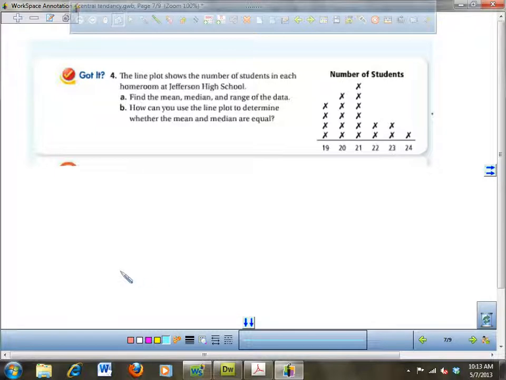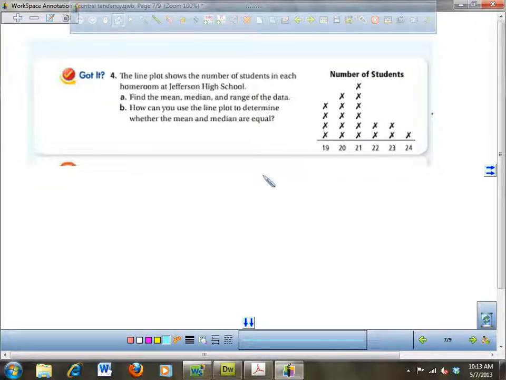Maybe 21? Yeah, maybe 21 would probably be pretty close to the mean because there's a lot of those. There's some above, there's some below. I think maybe closer to 20, right? Because it's more kind of weighted over here than up here. I think it would be more like between 20 and 21, I would say.